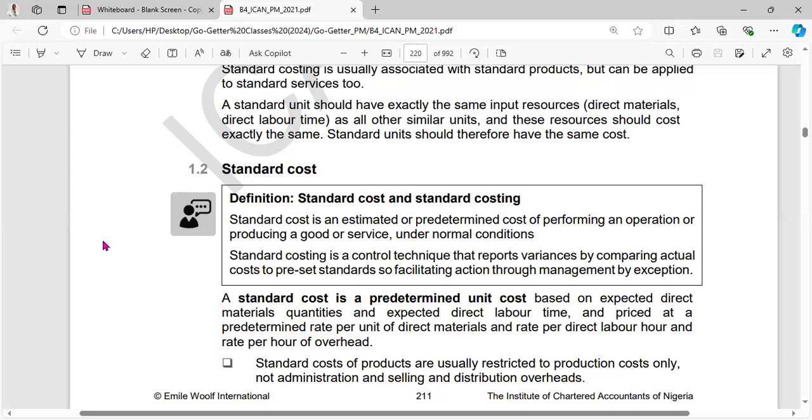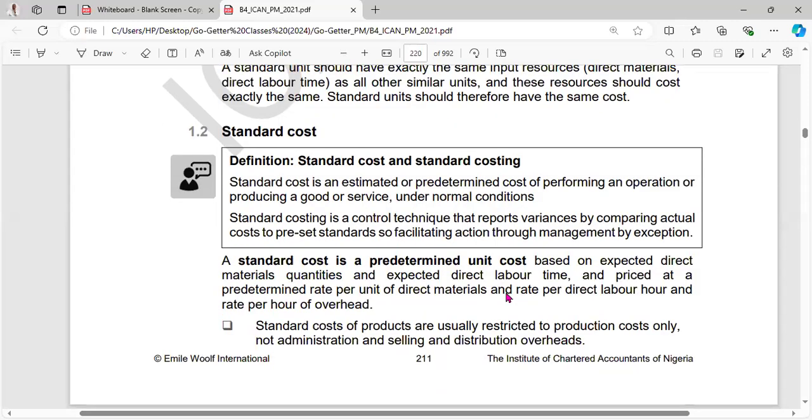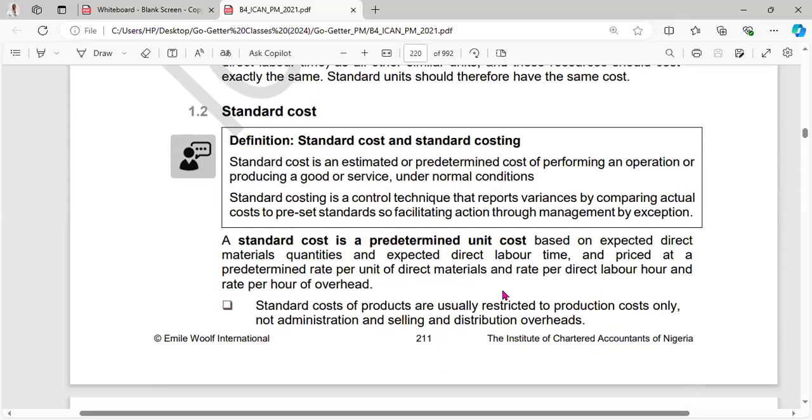Standard costing is a control technique that reports variances by comparing actual costs to this predetermined standard cost. All right? So it means that standard costs are predetermined.